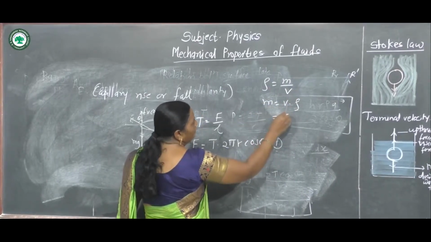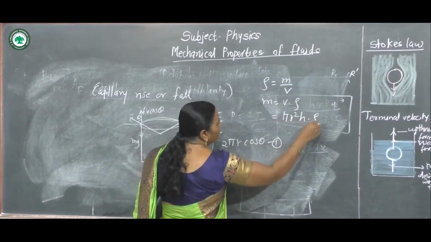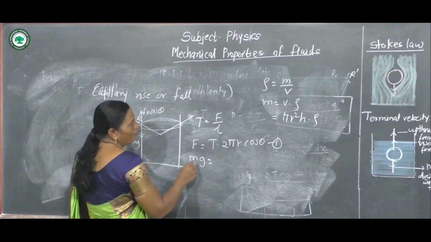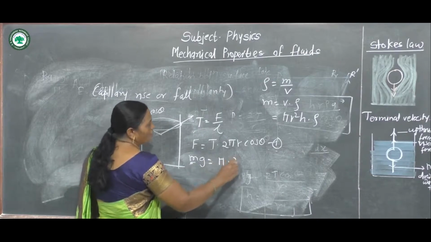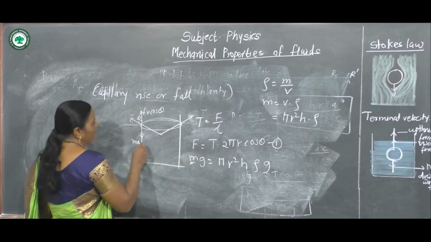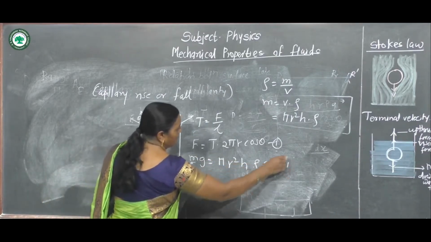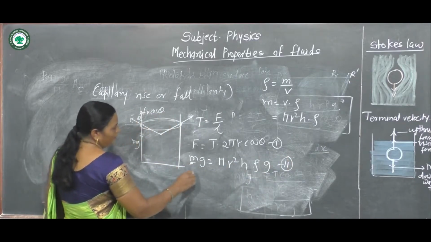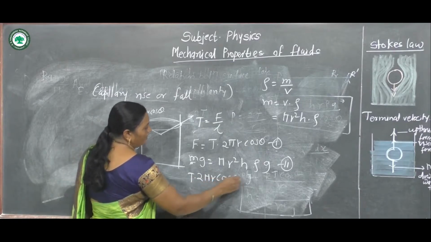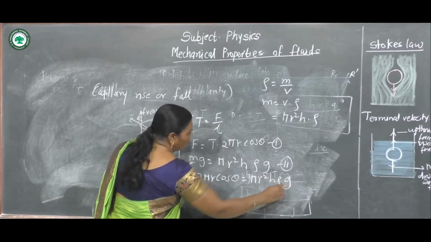The volume is pi r square h, so m is pi r square h rho. Substituting the value of m, we get pi r square h rho g. These two forces are equal and opposite, therefore we can equate these two equations: T 2 pi r cos theta equals pi r square h rho g.